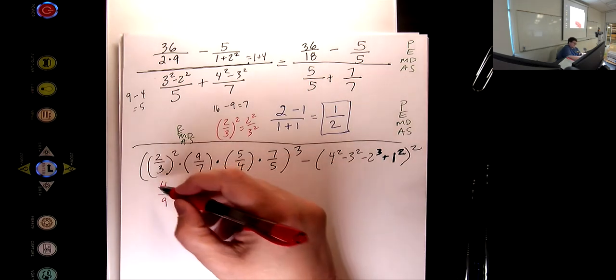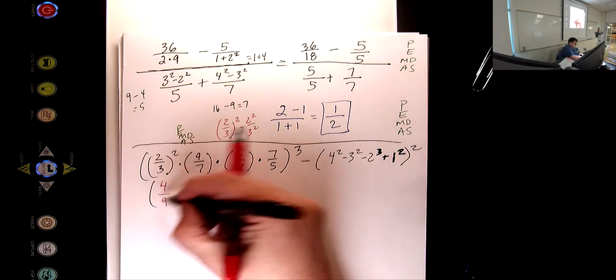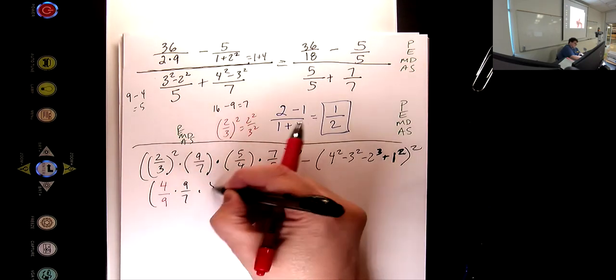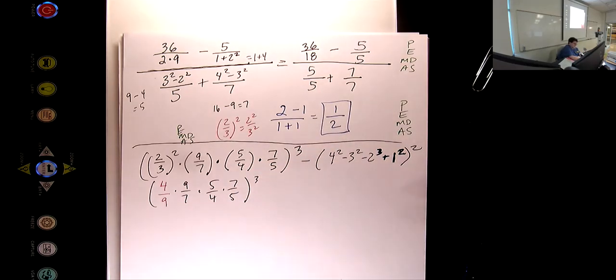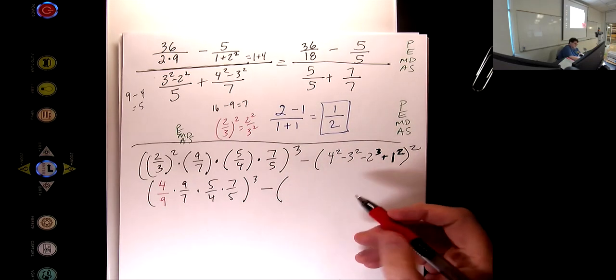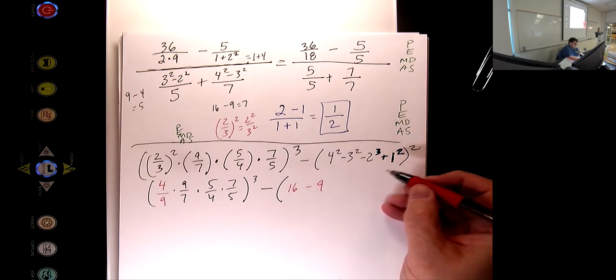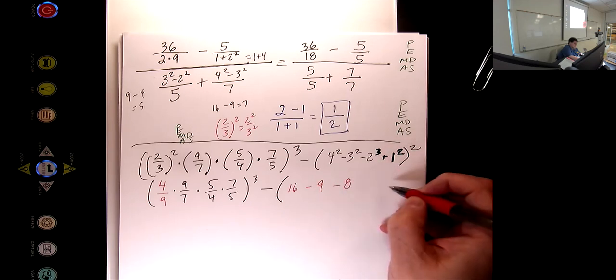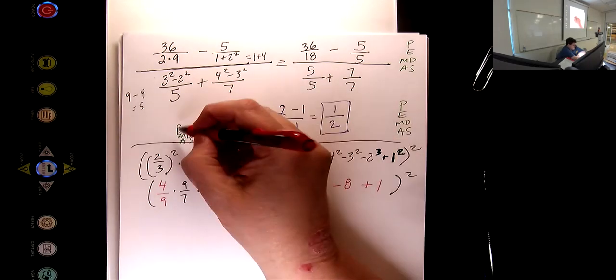So I have that, and in the other one, let's get rid of all the cubes and squares. 4 squared is 16. 3 squared is 9. 2 cubed is 8. And 1 squared is 1. So we got rid of all our exponents in each thing, and now we got to do a multiplication.